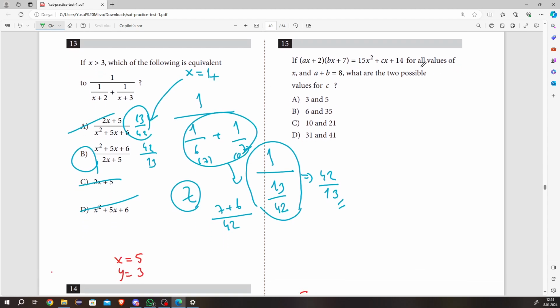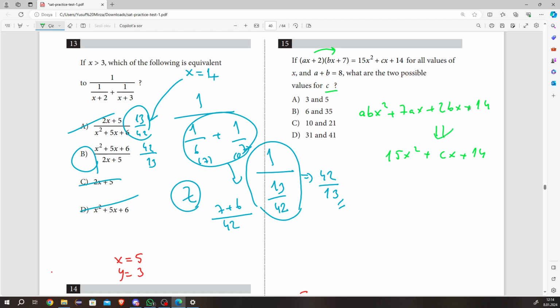x is all the values of x, and it was two positive values for c. Okay, also two positive 4. Okay, let's go and let's multiply them. Let's do the math. And this, and it's equal to this equation.